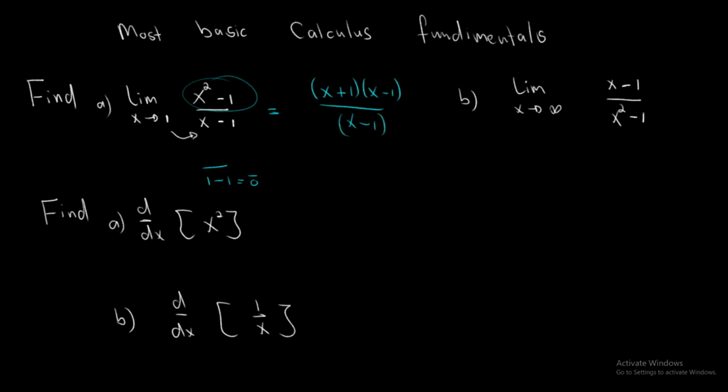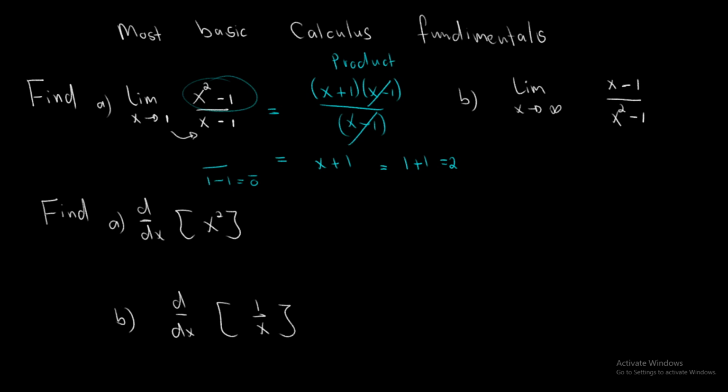Now since we have a product, which is just multiplication, as a numerator, we can now simplify by cancelling out the like terms, and we are left with x plus 1. Now we can substitute the 1, and that becomes 1 plus 1, which is then equal to 2.